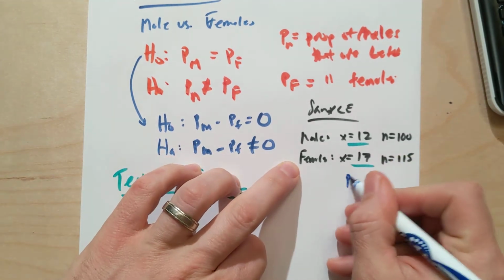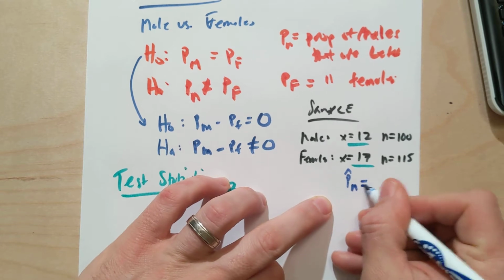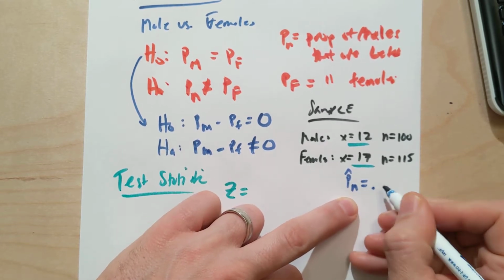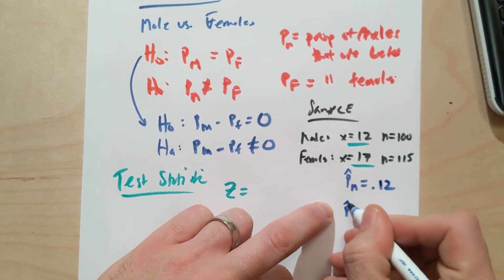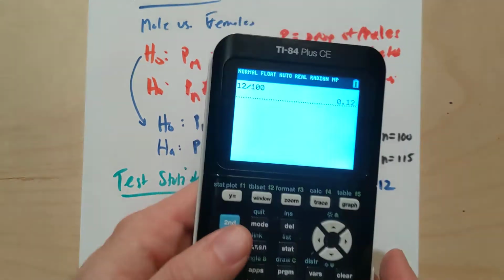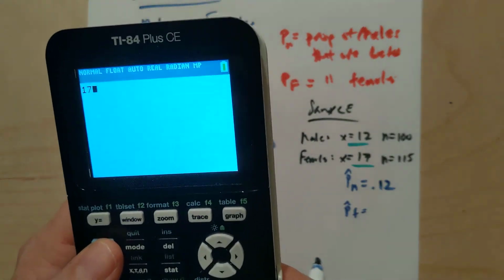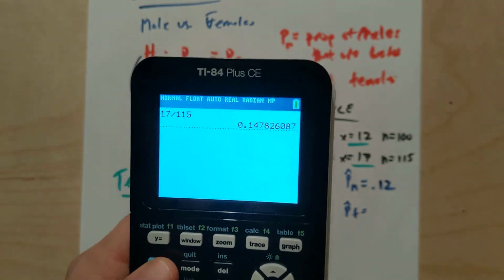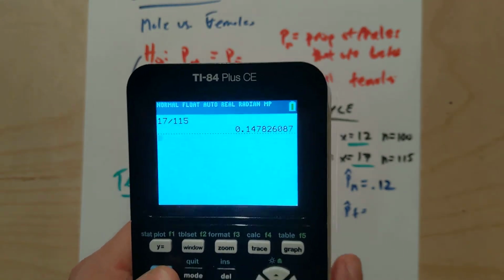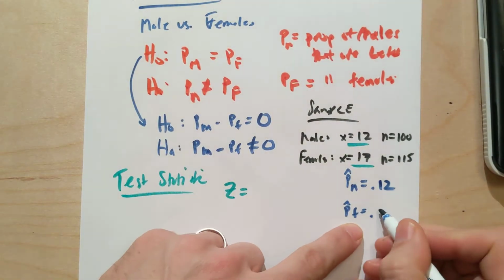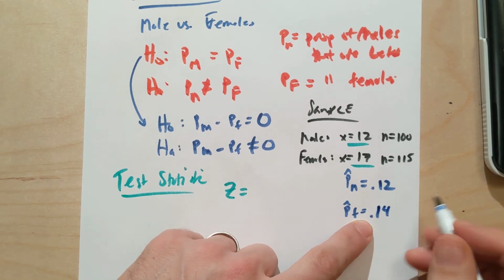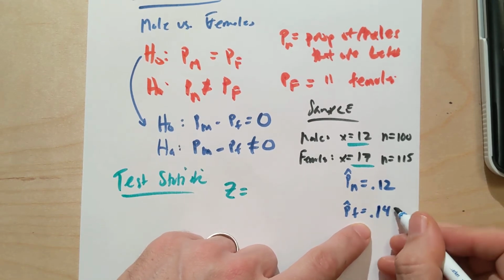The p-hat for the male, p-hat m, was equal to 0.12. P-hat female was equal to 17 divided by 115, which gave 14.78 and so on. I'm going to use the full thing when I do my calculation, but it was about 0.1478.